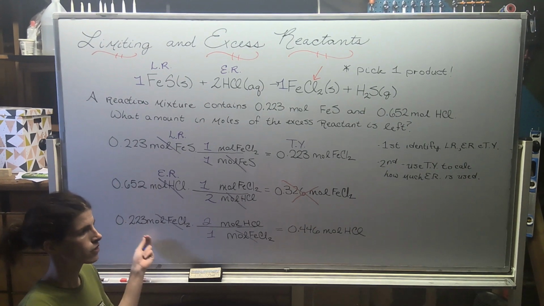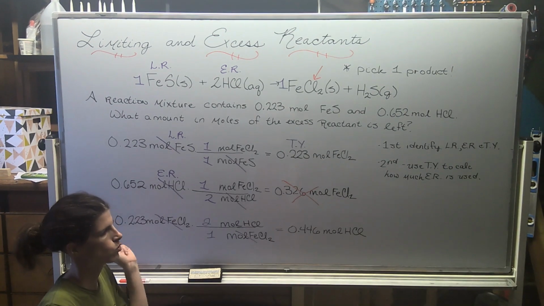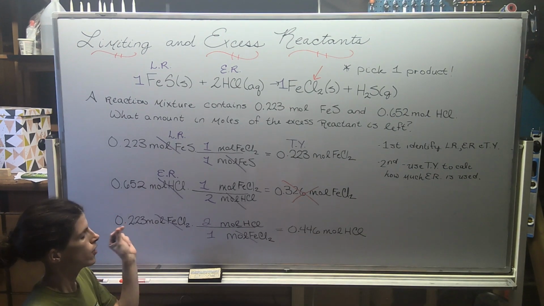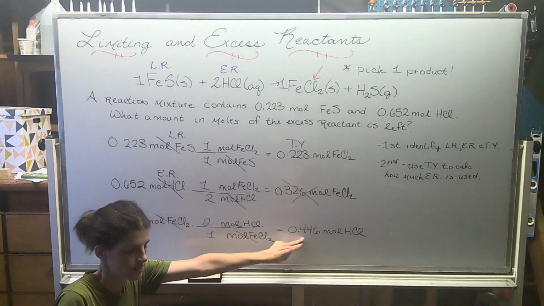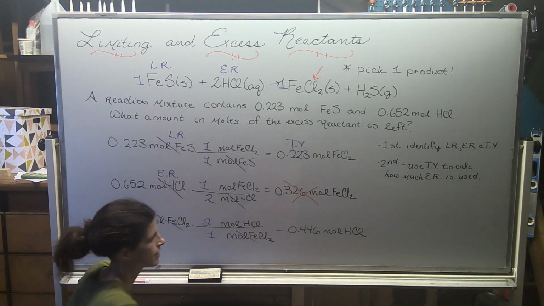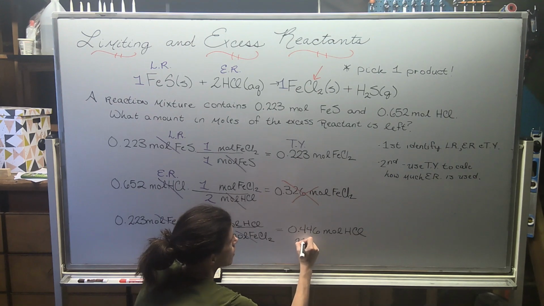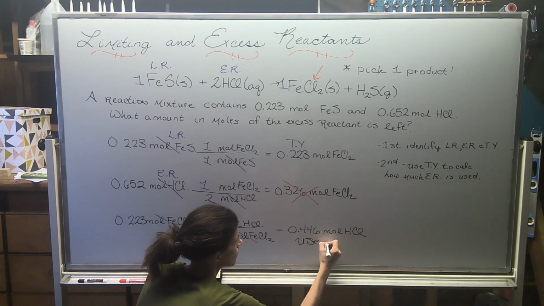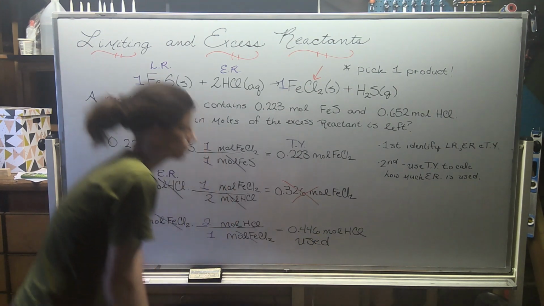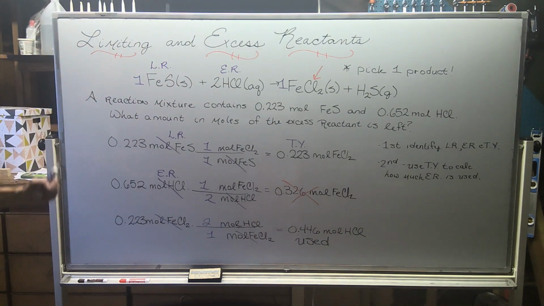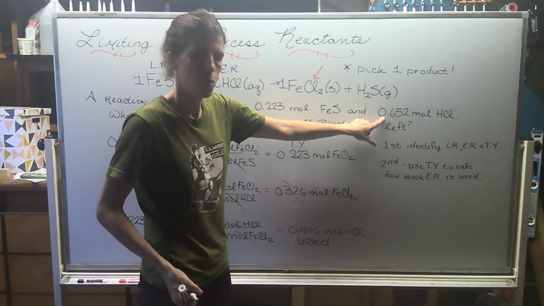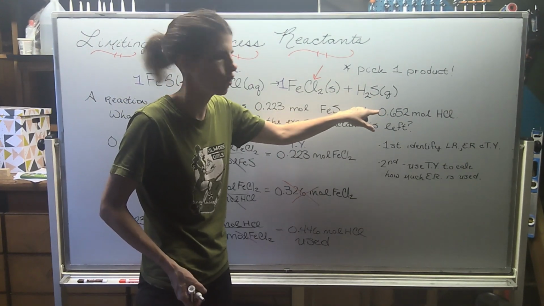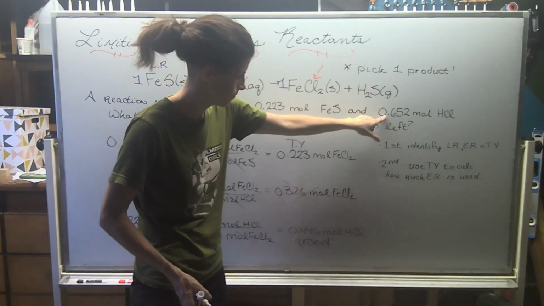Starting the dimensional analysis, or the stoichiometry, with the theoretical yield, this is going to tell us how much hydrochloric acid was actually used. How do we find out how much is left over? Well, we know what we started with. So we had 0.652 moles of hydrochloric acid to start.